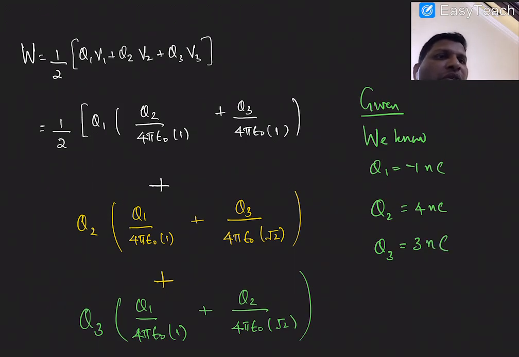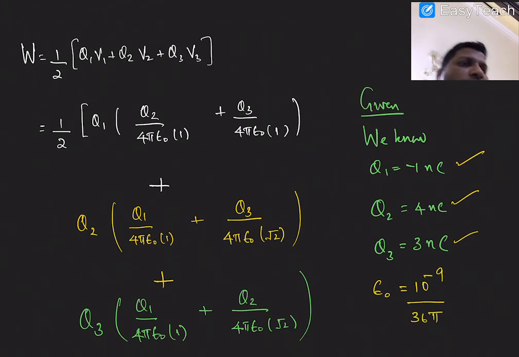So everything is given, so you can substitute all of them in the equations. Also epsilon 0 is 10 power minus 9 divided by 36 pi. You can also substitute this, and finally you will get the answer.